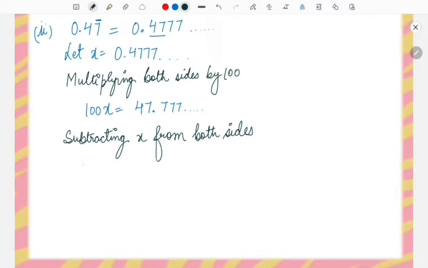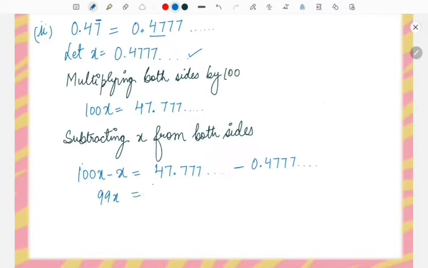जब हम both sides से x subtract करेंगे, what will I get? I'll get 100x minus x and 47.77 with dots minus, what was my x here? 0.477 with dots, right? So this would be 99x.